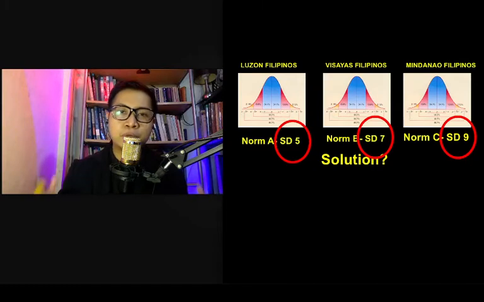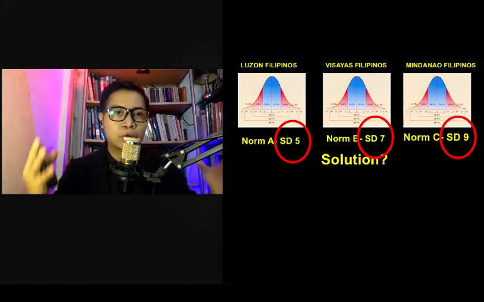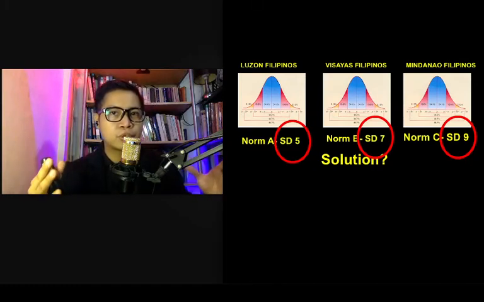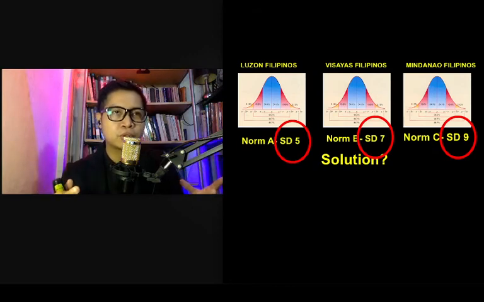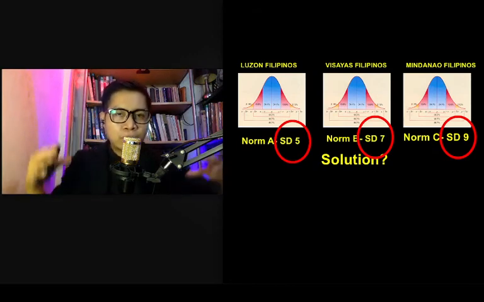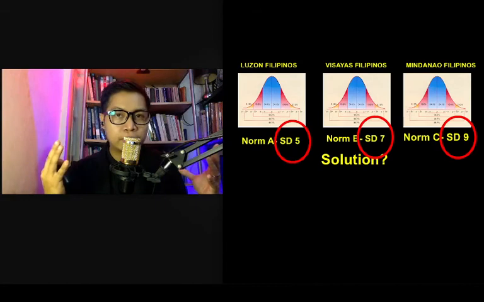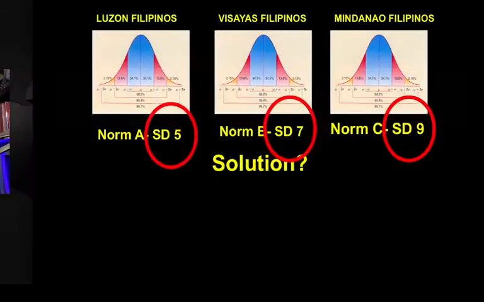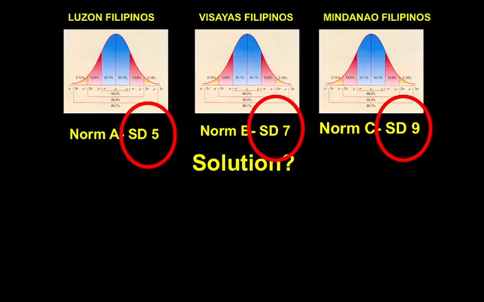Habang ginagawa mo yung norm, merong kang raw scores coming from Luzon, raw scores coming from Visayas, raw scores coming from Mindanao. I-combine mo lahat yon, in a way, kinombine mo na rin yung standard deviation ng tatlong archipelagos na yan. Kinombine mo na yung performances ng Luzon, Visayas, Mindanao.